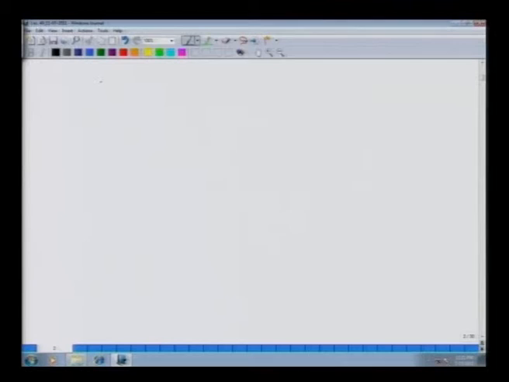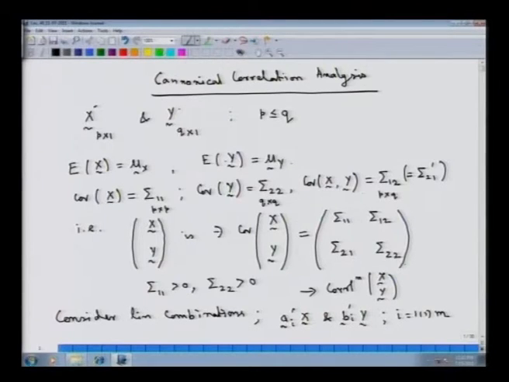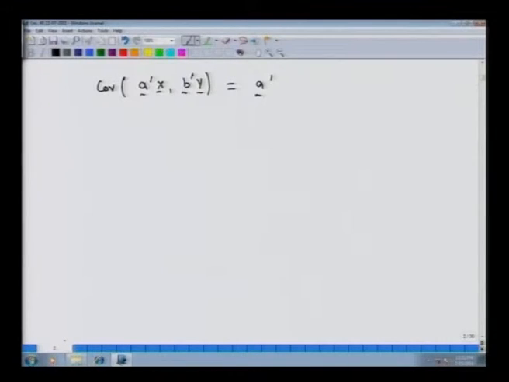Now, if we look at the covariance between any a prime x and b prime y, then that is going to be a prime times the covariance between x and y. Now, what is the covariance between x and y? In the formulation that we had here, the covariance between x and y is sigma 1 2. So, this is going to be equal to a prime sigma 1 2 times b prime's transpose, which is b.